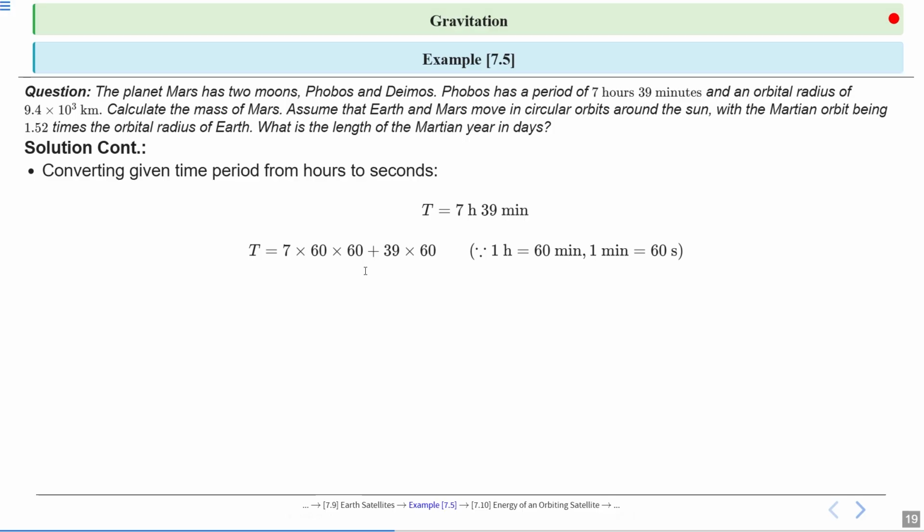So we have 7 times 60 into 60 plus 39 into 60. Solving this, you will get T is equal to 27,540 seconds. It's important to ensure our units are consistent for accurate results.